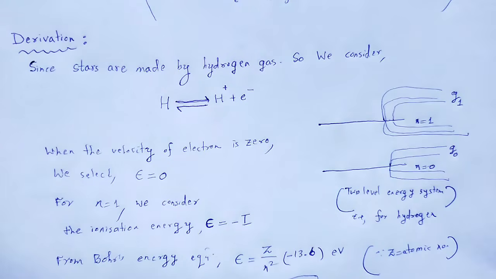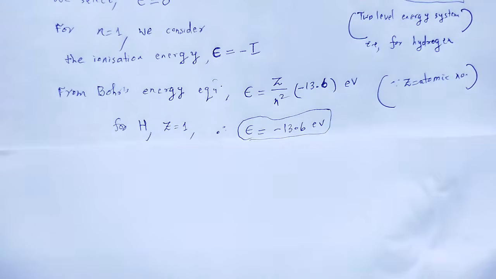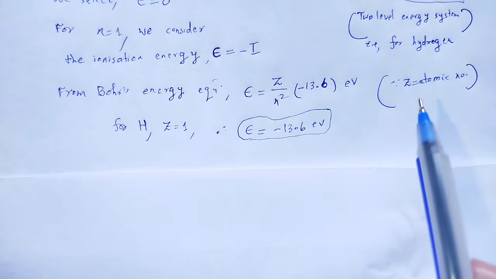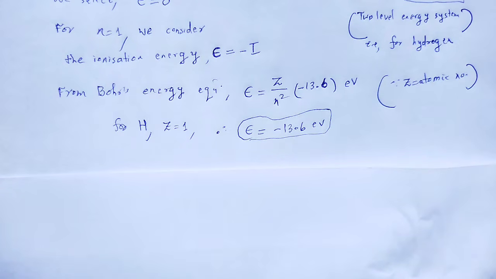To derive such a number, since hydrogen has 1 electron and 1 proton, we consider a system of 1 electron and 1 proton.